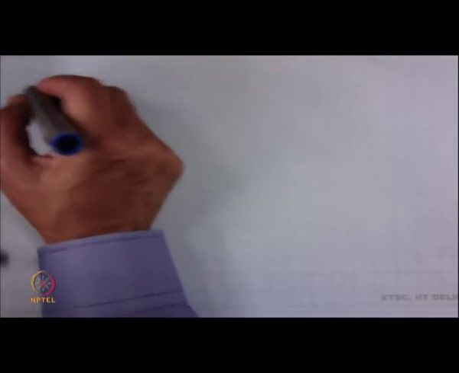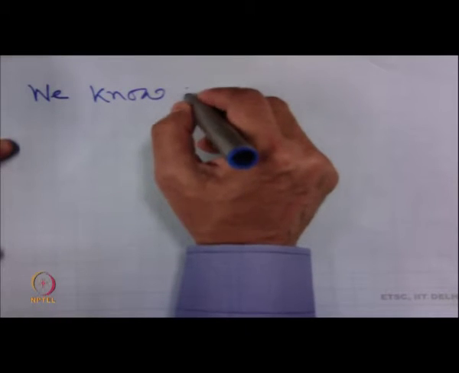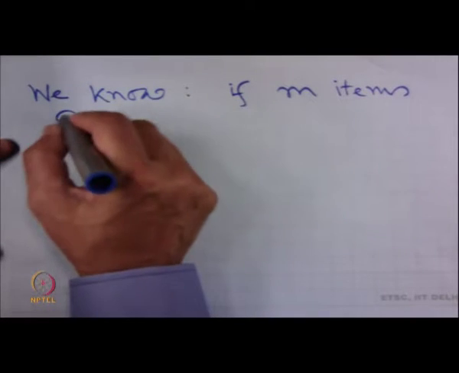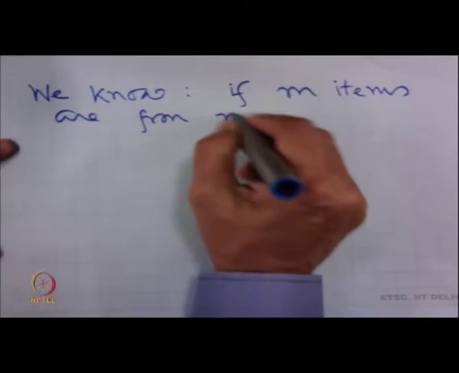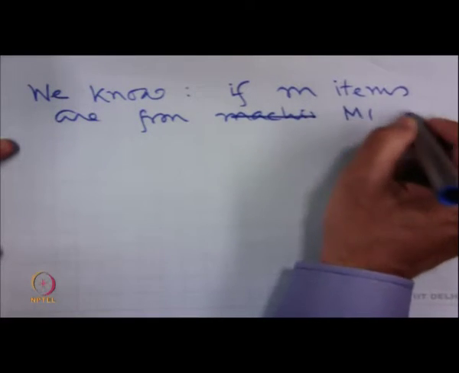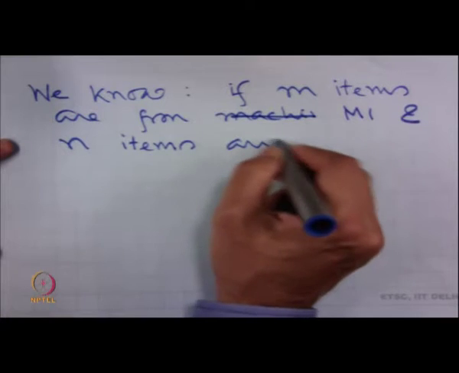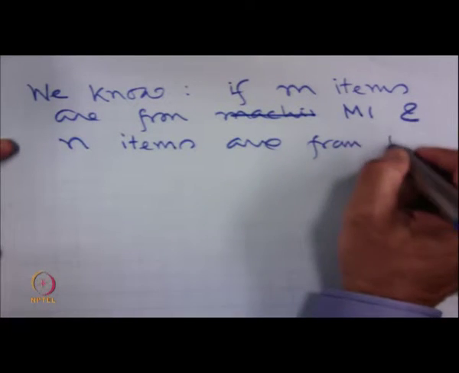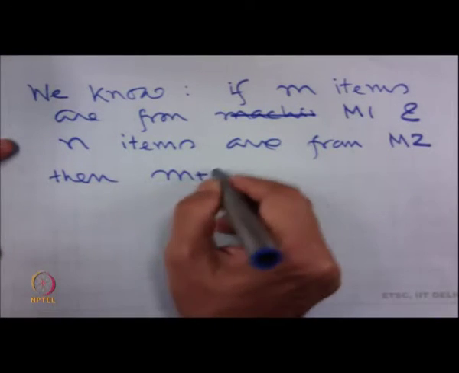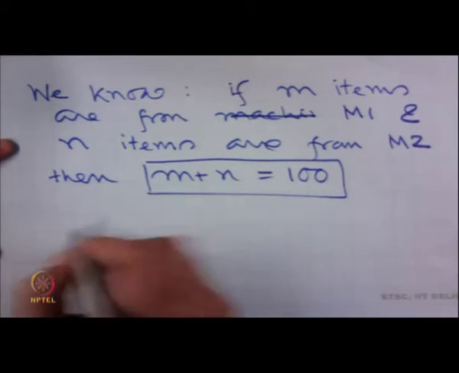The only thing that we know is, if m items are from machine M1 and n items are from M2, then m plus n is equal to 100. This much we know.